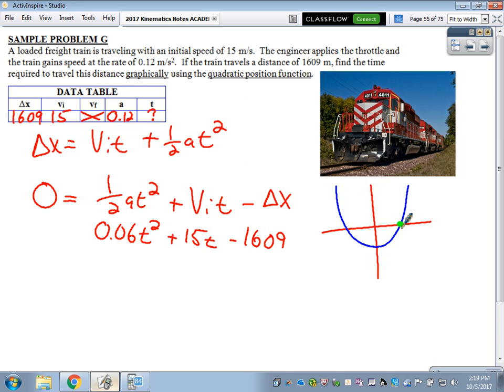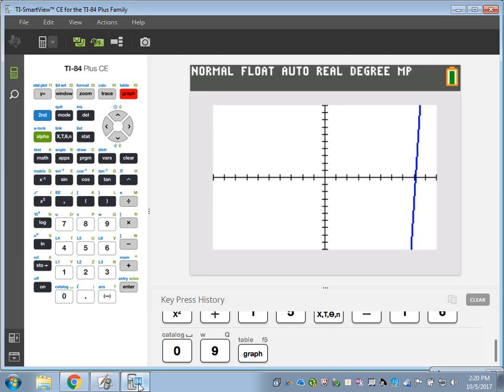But unfortunately, we have to tell the calculator between what points to calculate that. So it uses terminology called a left bound and a right bound. We're going to set our left bound here, and then go past the point where it crosses the x-axis and set the right bound there. So we tell the calculator between those two points, calculate where it crosses the x-axis. Are we good so far?